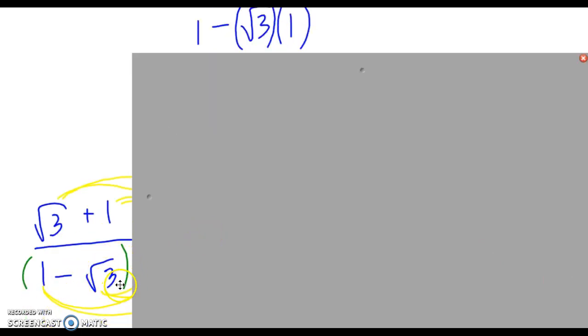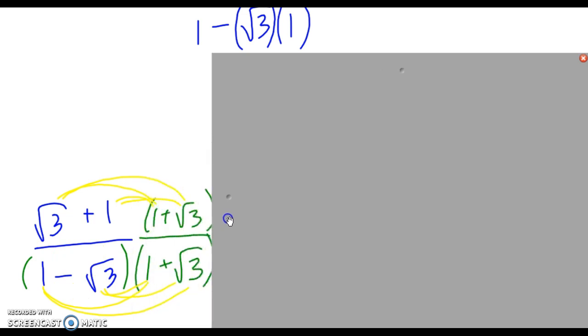But you'll notice I've got a square root on the bottom of my fraction, which is not allowed. And if you remember back to our algebra review at the beginning of this chapter, we said to deal with that, you need to multiply by the conjugate of this binomial. So the conjugate of 1 minus the square root of 3 is 1 plus the square root of 3. So I multiply the top and bottom by 1 plus the square root of 3.